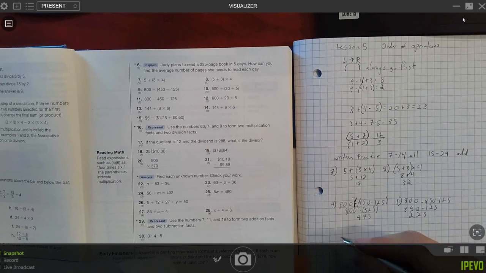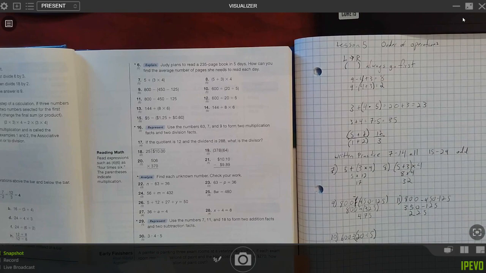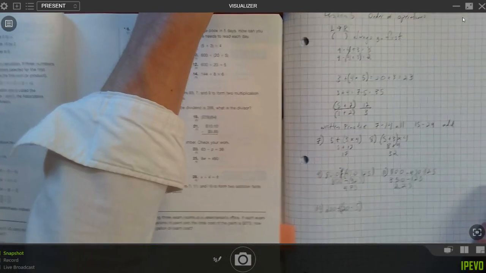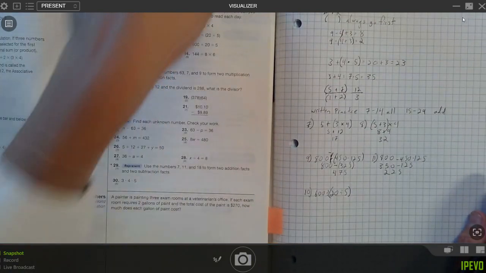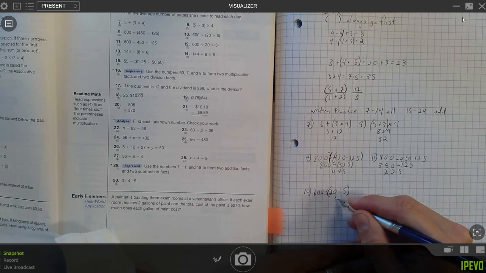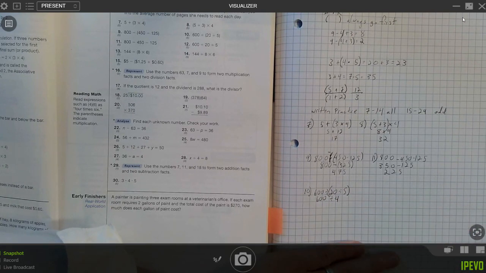All right, so now we'll go back to 10. 600 divided by 20 divided by 5. Parentheses around here. So 20 divided by 5, I know that's 4. 600 divided by 4. That one is harder to figure out.